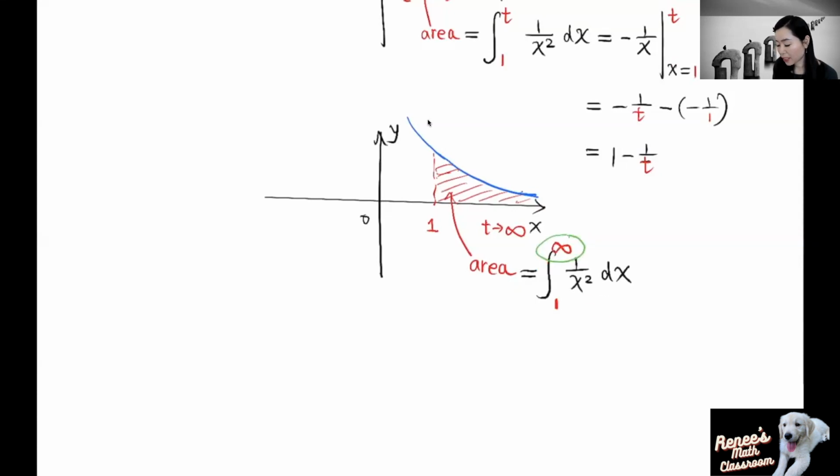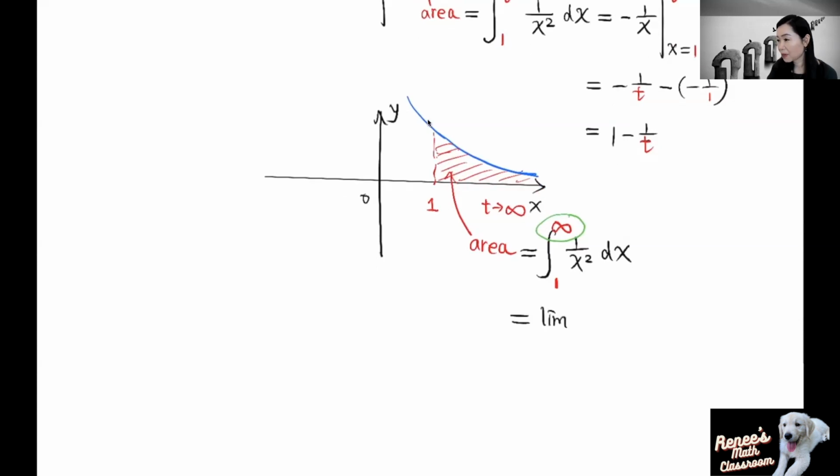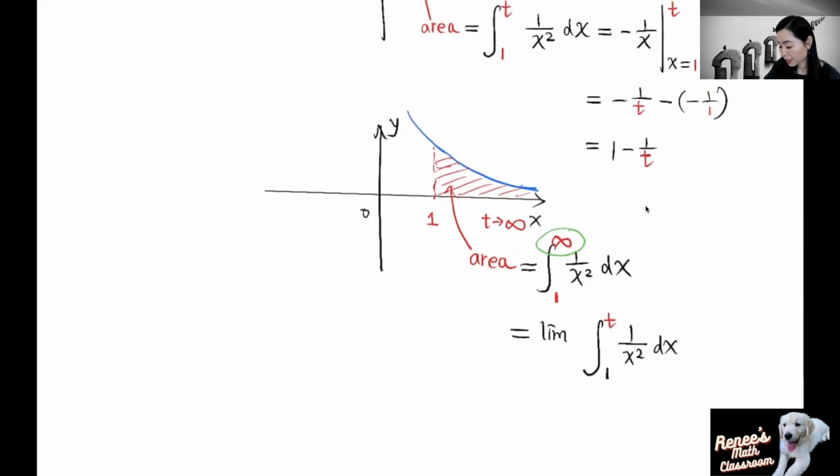But over here, you can think about it as representing this area under this curve right here. This improper integral is defined to be the limit of this proper integral, where x goes from 1 to t, and then you take this t to infinity. So this improper integral is defined to be the limit of this proper integral, where this upper limit goes to positive infinity.